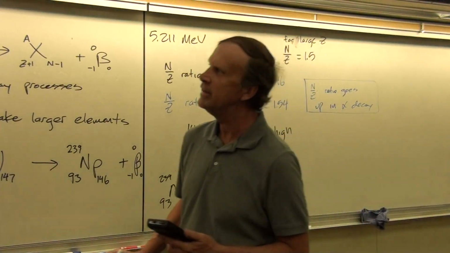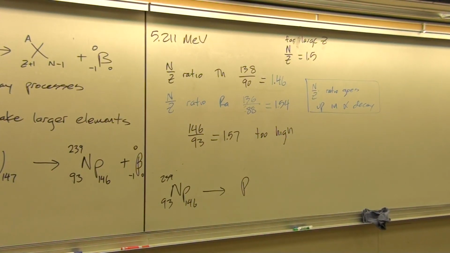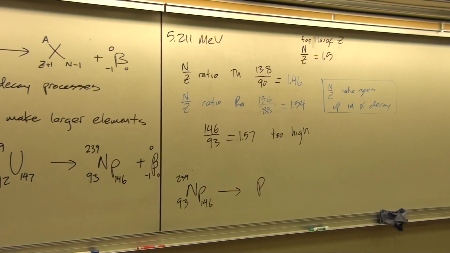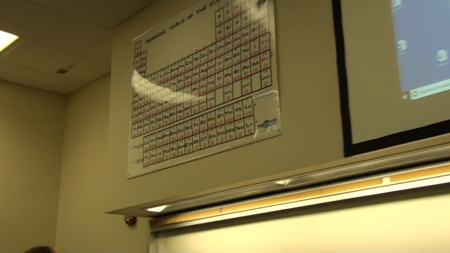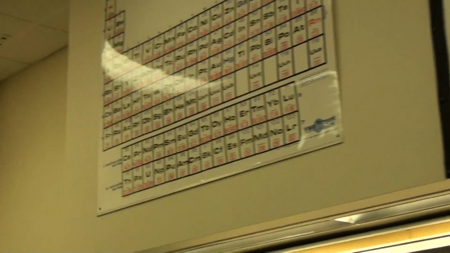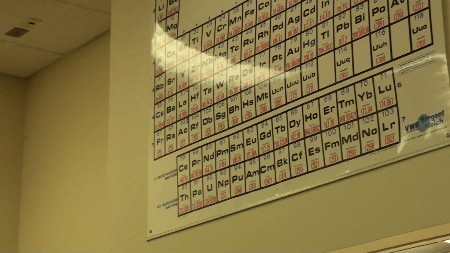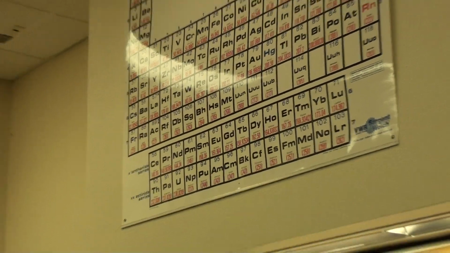Now, plutonium is one of the most toxic substances that has ever been constructed on the planet Earth. It's element number 94 on the periodic table.